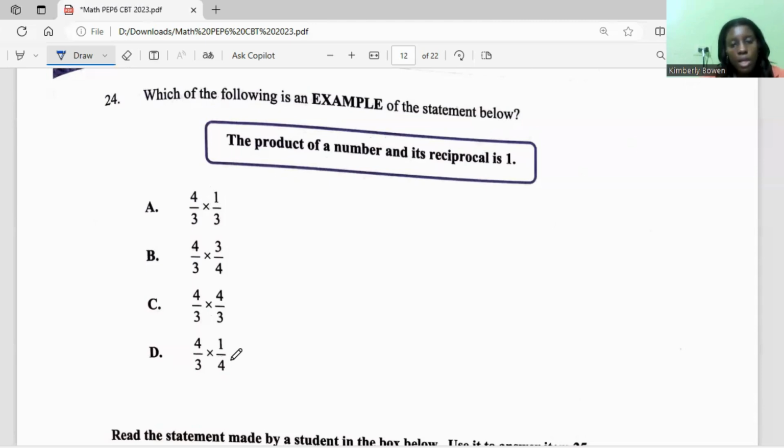So the reciprocal is when you pick the number and flip it. Let's flip 3 and 1, so you're going to have 3/1. Let's just flip all of them and see it.